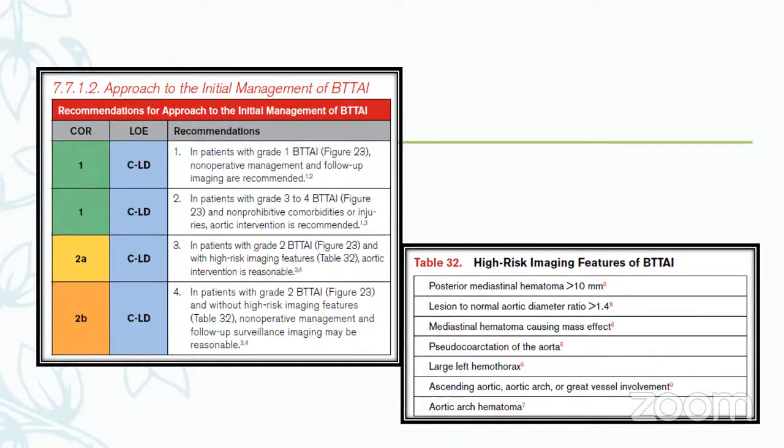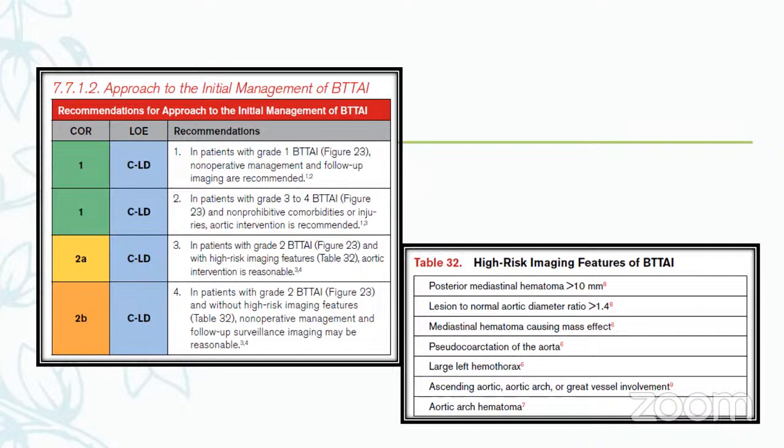So, what is the initial management of blunt traumatic thoracic aortic injury? In cases of grade 1 injury, non-operative management and follow-up imaging is a class 1 indication. In cases of grade 3 and 4, with the patient having non-prohibitive comorbidities or injuries, aortic intervention is a class 1 indication.